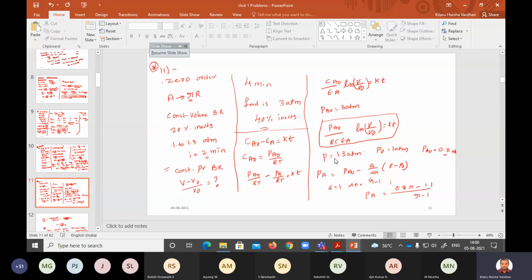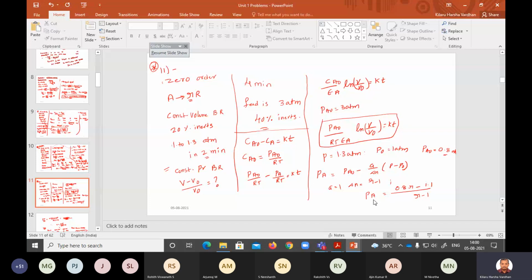Pa0 will be 0.6 times, equal to 0.6. So you put this in terms of this expression, P minus Pa0 by delta n. P is 1.3, delta n is nothing but r minus 1, since R is not given any coefficient.